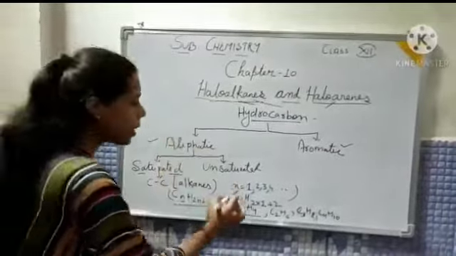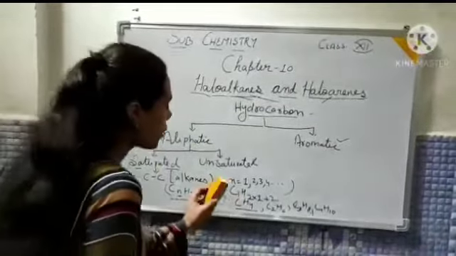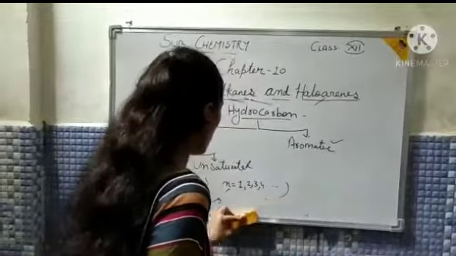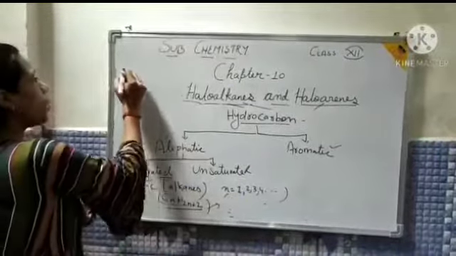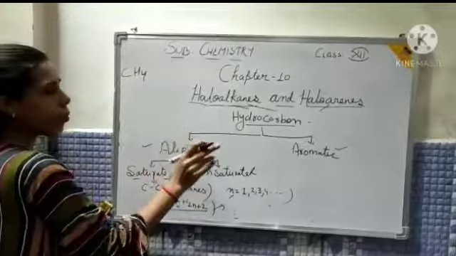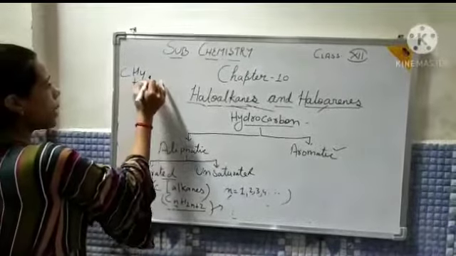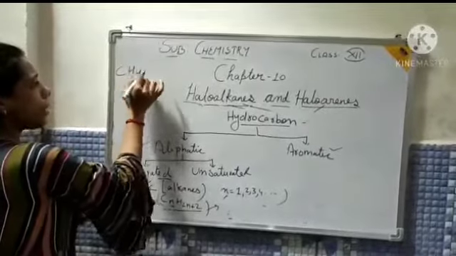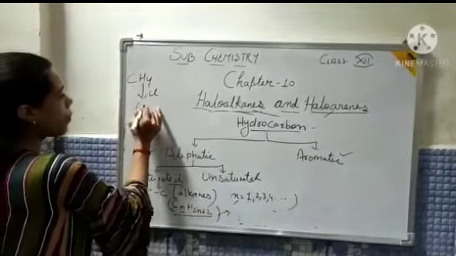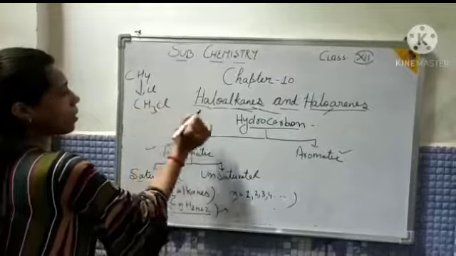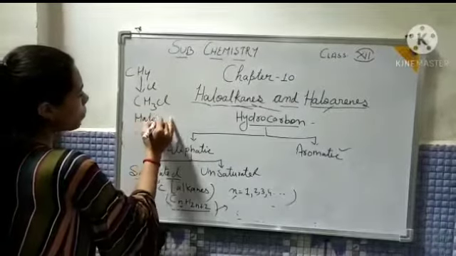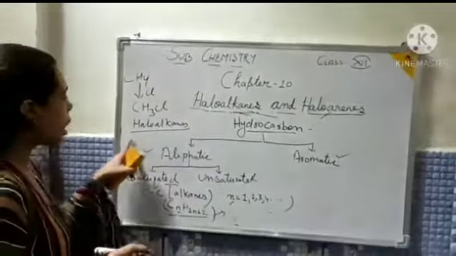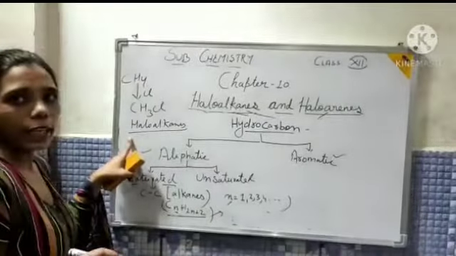I told you about haloalkane. If I add one chlorine replacing one hydrogen from this group, then it will form CH3Cl, that is called haloalkane. So I think, students, you have understood where this word haloalkane came from.